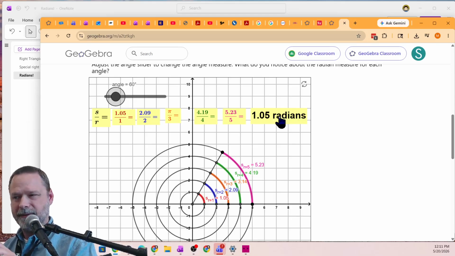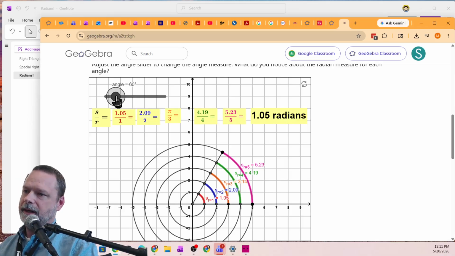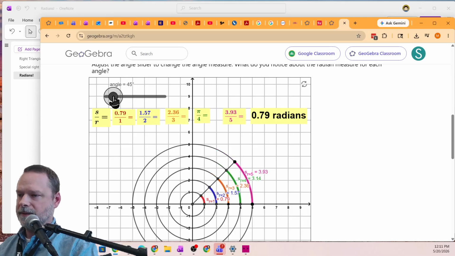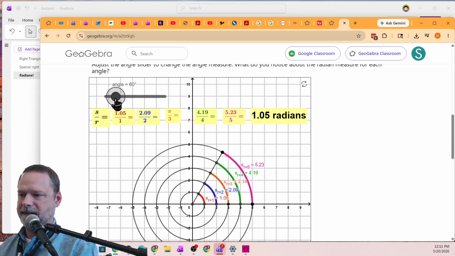It's a little bit more than 3, so that would make sense. Let's see here. Could we play with this so we could get the arc length to be 1? If the arc length is 1 and the radius is 1, that should be exactly 1 radian, because it is the arc length divided by the radius.